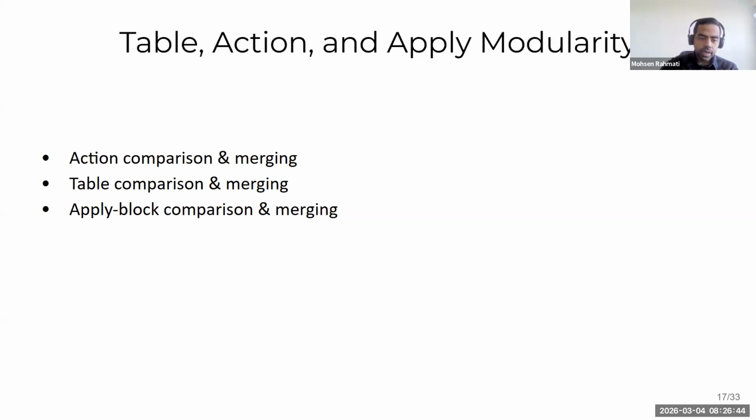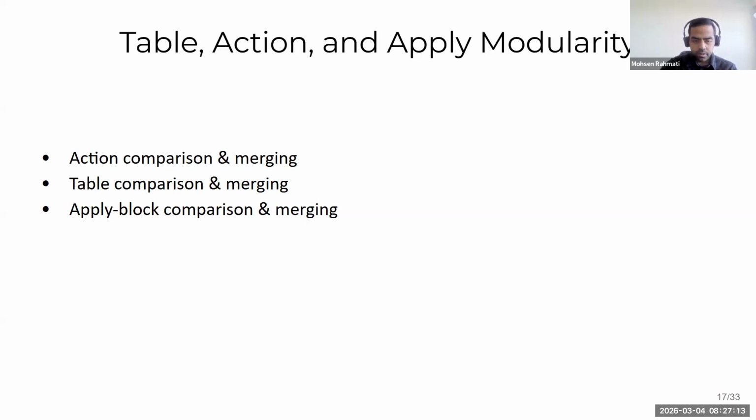And also about the apply block parts, we compare line by line recursively. It usually includes if conditions and applying tables. So if we have the same apply block, we keep one of them in the apply part of the P4 code.